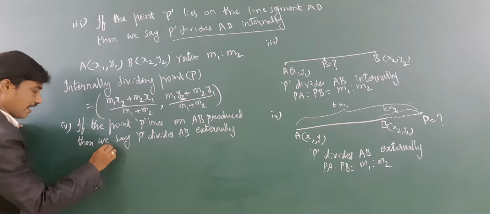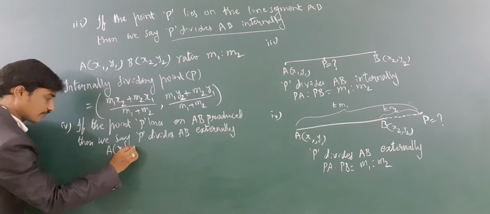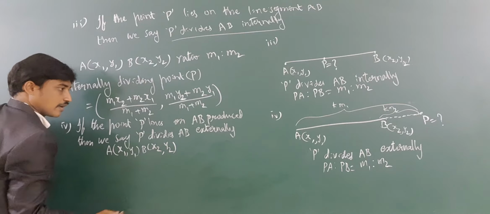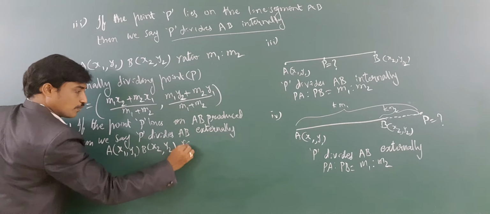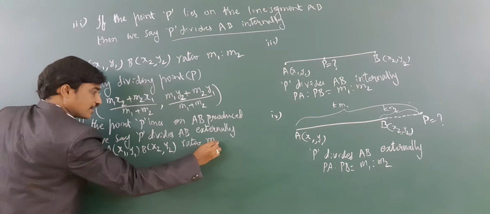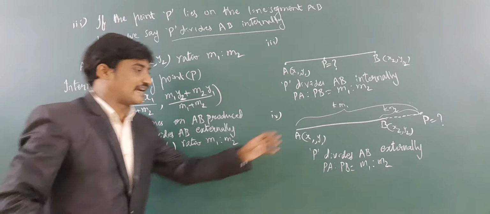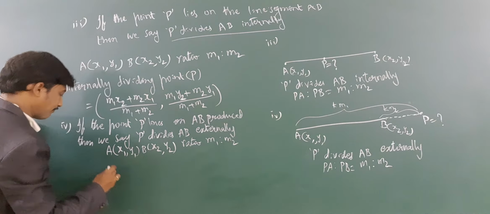If A is (x1, y1), B is (x2, y2), and the ratio is m1 is to m2, then we can write the externally dividing point P formula.